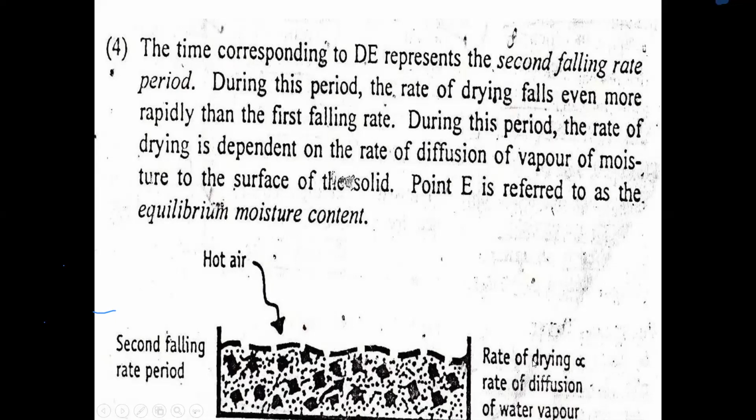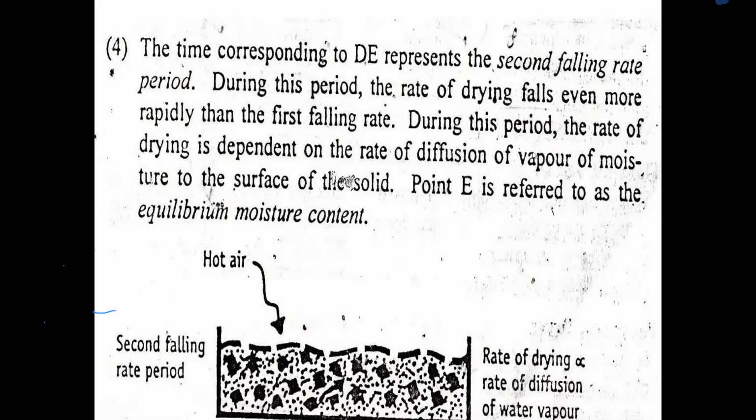Rate of drying is directly proportional to the rate of diffusion, right. So rate of drying totally depends upon the rate of diffusion of the water contained in the inside solids. जोपर्यंत the inside water बाहेर येत नाही तोपर्यंत material dry होत नाही, right.